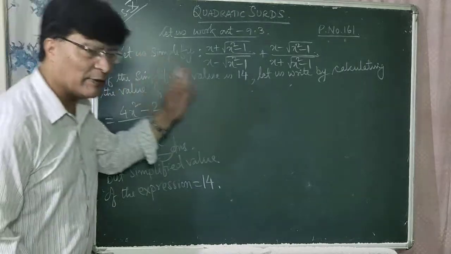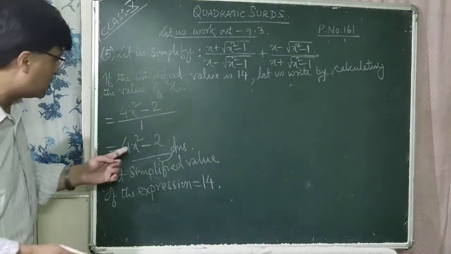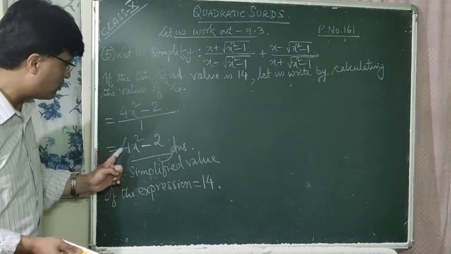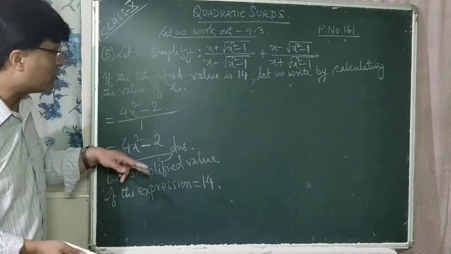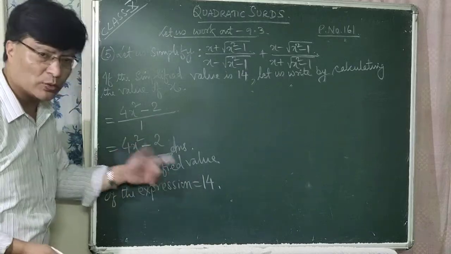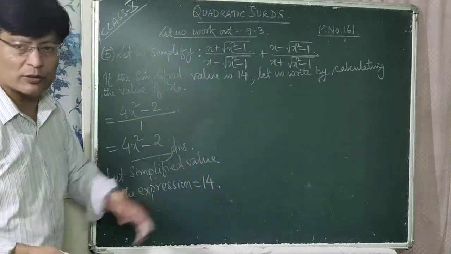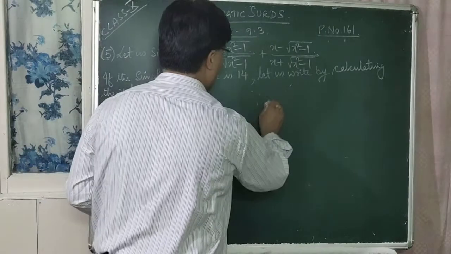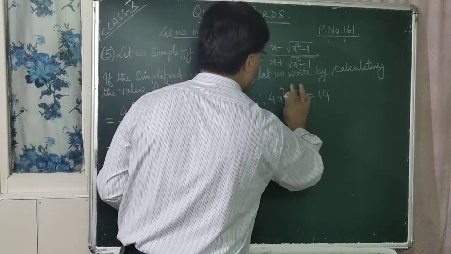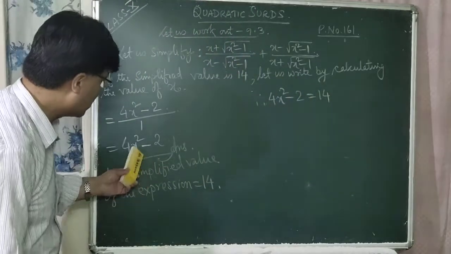So we have simplified the given expression and we got the simplified value of the expression as 4x square minus 2. But by question the simplified value is given as 14. That means you can equate these two. That is 4x square minus 2 is equal to 14.